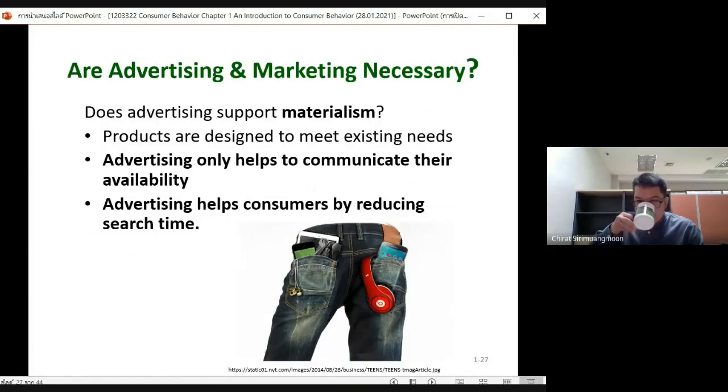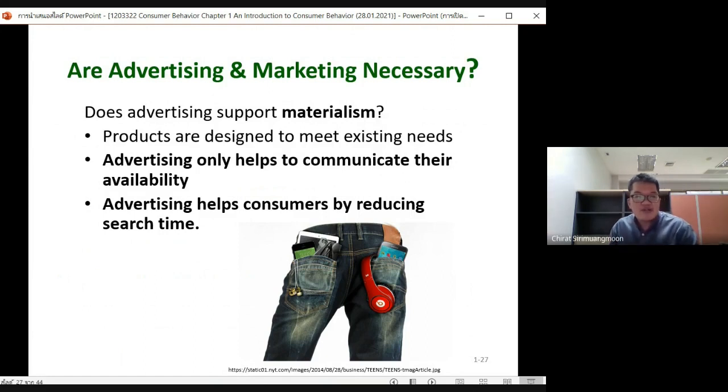Then, are advertising and marketing needed? I would say many consumers blame the marketer as the person who creates materialism because the marketer just shows how good it is for rich people. You need to have a Mercedes Benz, you have the Rolex watch, you have the gold necklace.